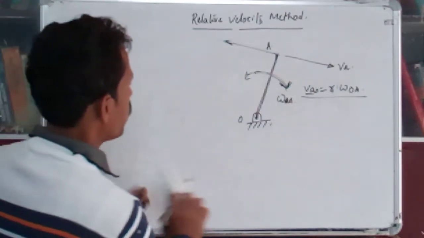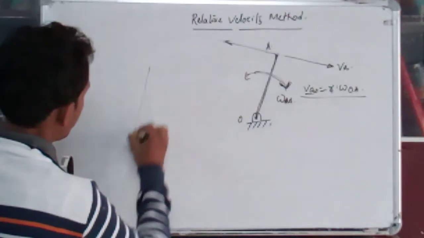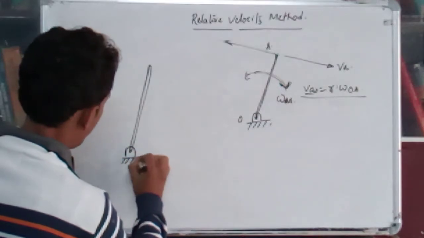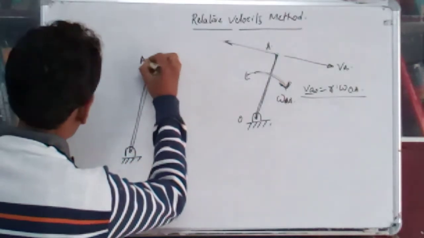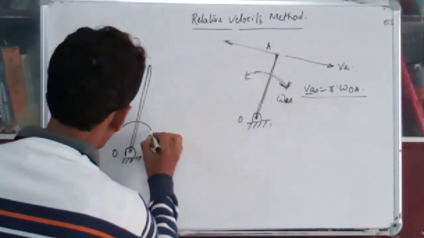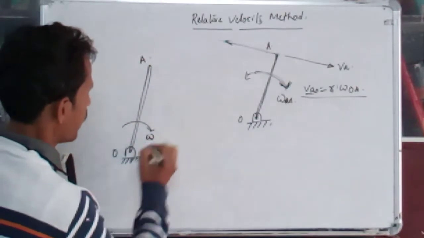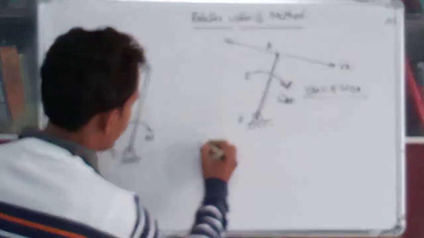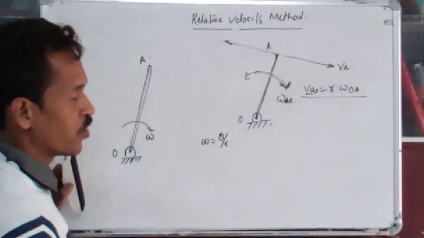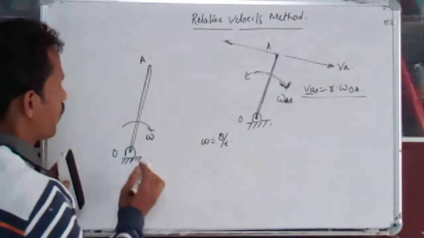Now, consider another link, A O, rotating with angular velocity omega. We know omega is equal to theta by t, that is the angle turned in some time.